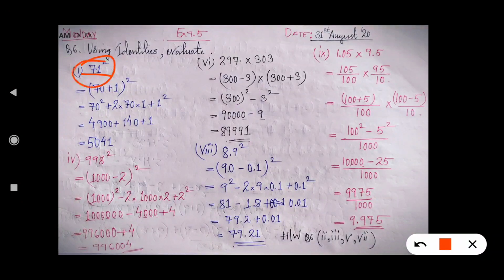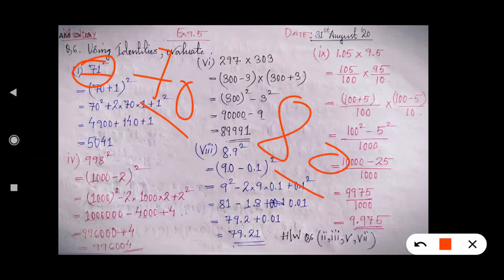Like 71 is between 70 and 80, isn't it? But I have taken 70 because 71 is closer to 70. So you have to convert to that number which ends with 0. It will be easier if you understand in this way.